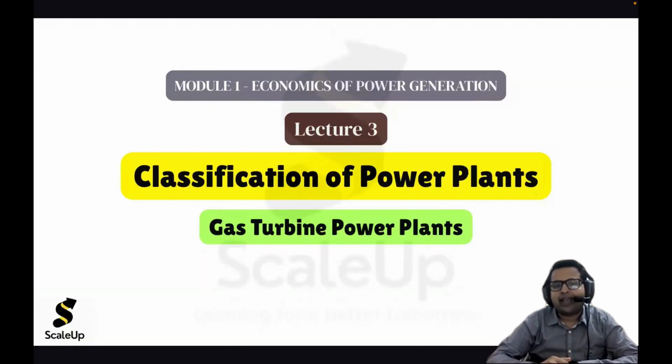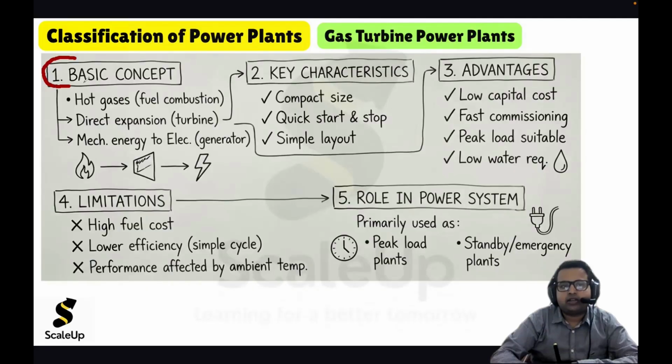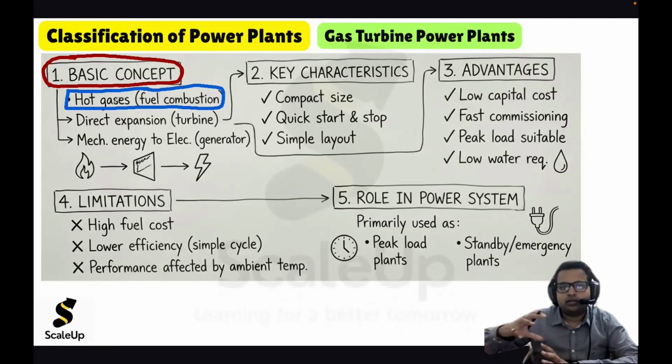Now we look into gas turbine power plants. If we look into the basic concept of gas turbine power plants, fuel combustion will generate hot gases. The idea is that first we will burn the fuel, hot gases will be generated, then we will directly open the nozzle.